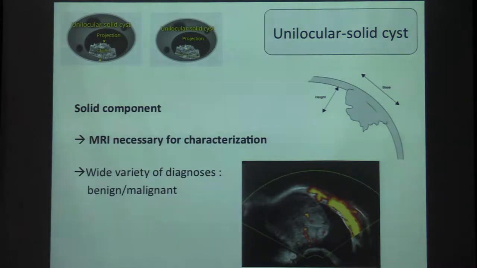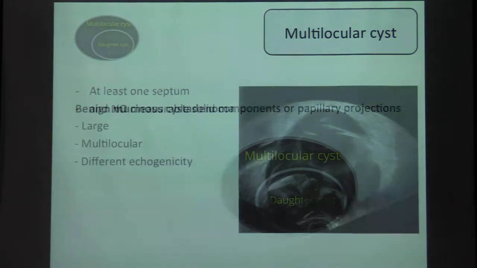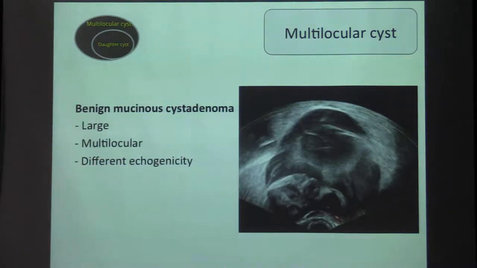malignant ones. Third category, the multilocular cyst, defined as a cyst with at least 1 septum and no measurable solid components or papillary structures. Most common is the benign mucinous cystadenoma, which is typically large, multilocular, with locules of different echogenicity.